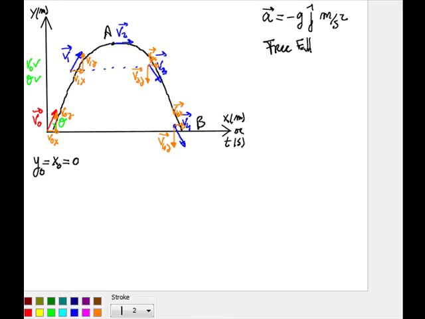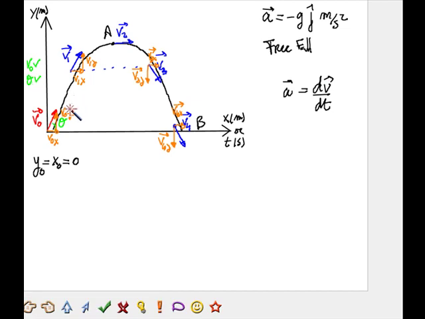Okay, remember that by definition, a is equal to dv dt. So if a is in the y direction, the change of magnitude of the velocity will be changed only in the same direction as the acceleration, and therefore only in the y direction.